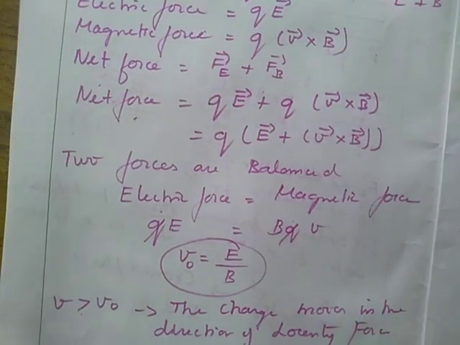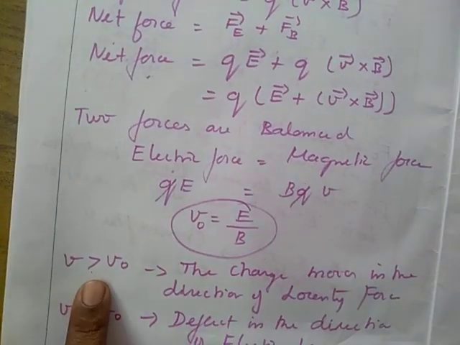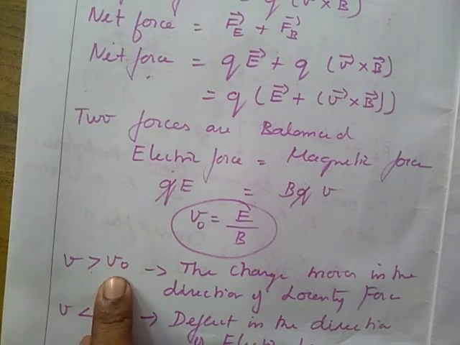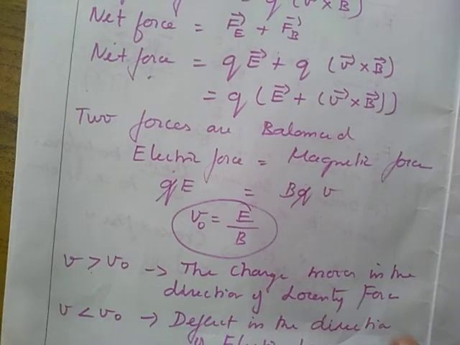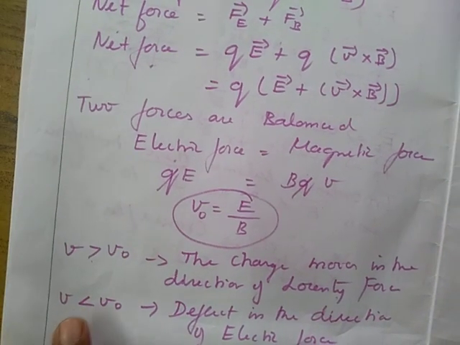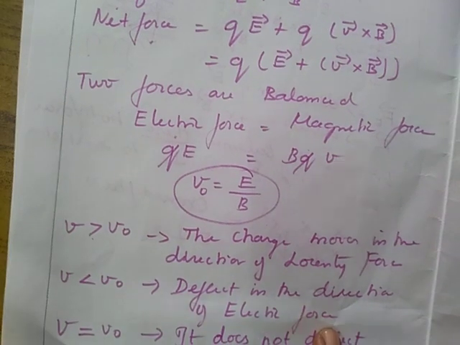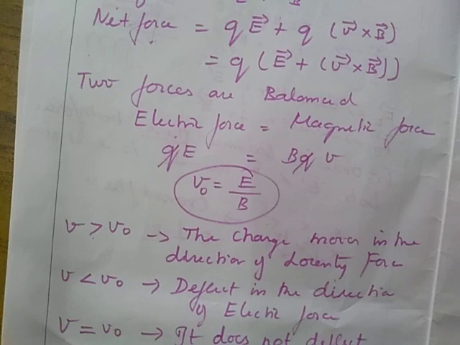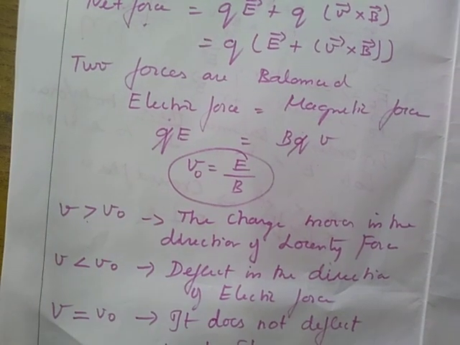If the given velocity is greater than v naught, the charged particle would deflect towards the Lorentz force. If the applied velocity is less than v naught, it will deflect in the direction of the electric force. If the applied velocity is equal to v naught, it does not deflect, it goes straight.